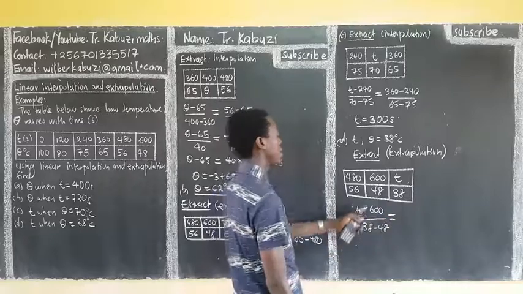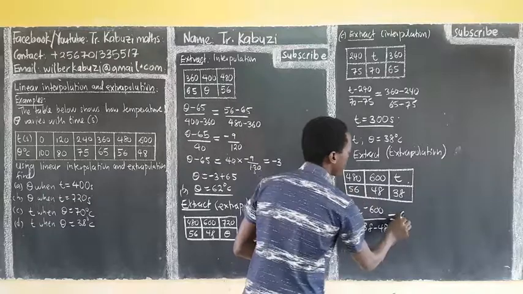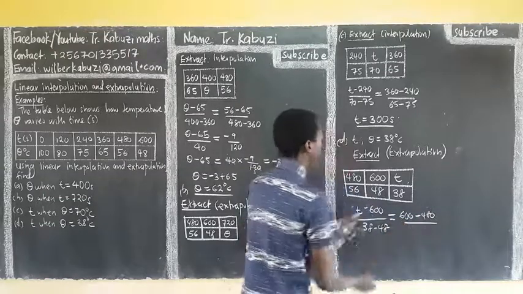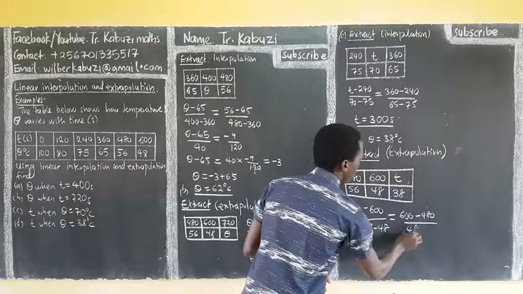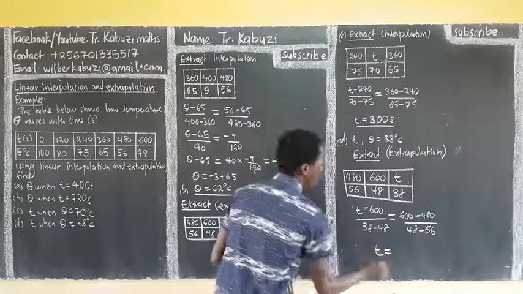Now we take the pairs without unknowns. This and this minus 480 over this minus this 56. And straight away give us the answer in seconds.